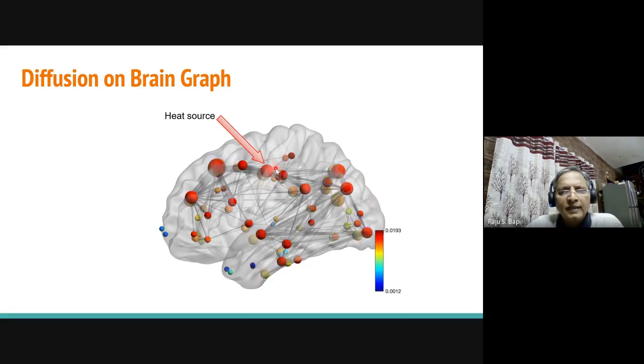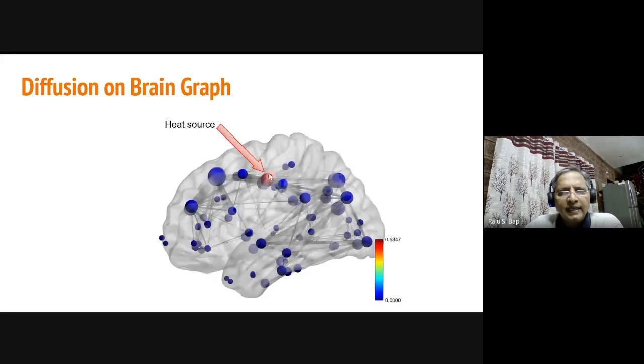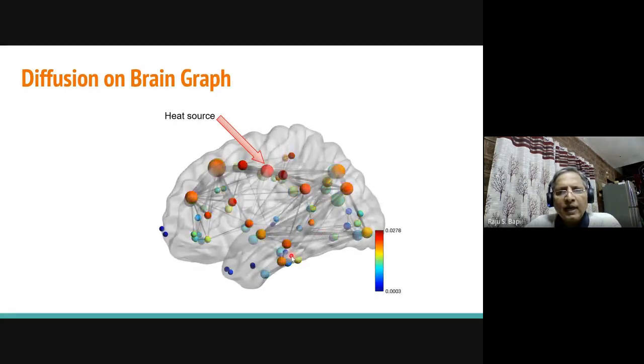If you take this as the source or the seed, you look at how the heat that started from here diffuses over this structural connectivity graph, over the entire network, right? However, this is a single source that is diffusing.